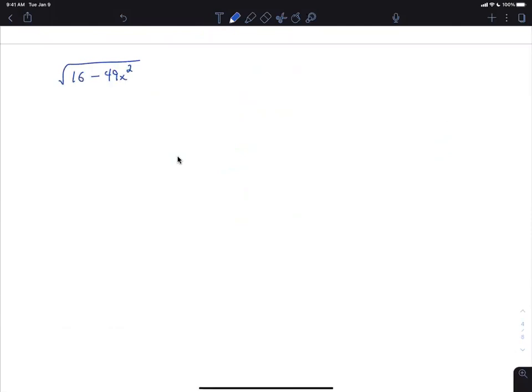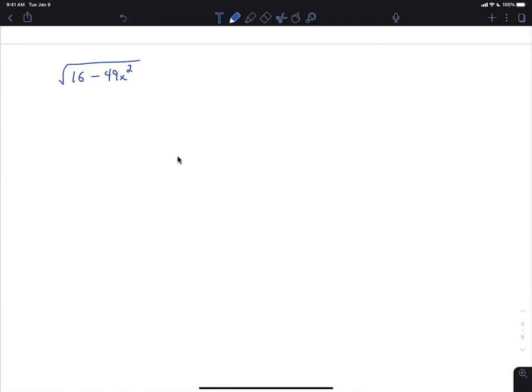Now, we already talked about you cannot take the square root of both parts because of the minus, right? So if it's adding and subtracting, you can't take the square root of both parts. So we're going to figure out a weird way to get rid of this. At first it might not make sense, and that's okay, but just give me a minute.